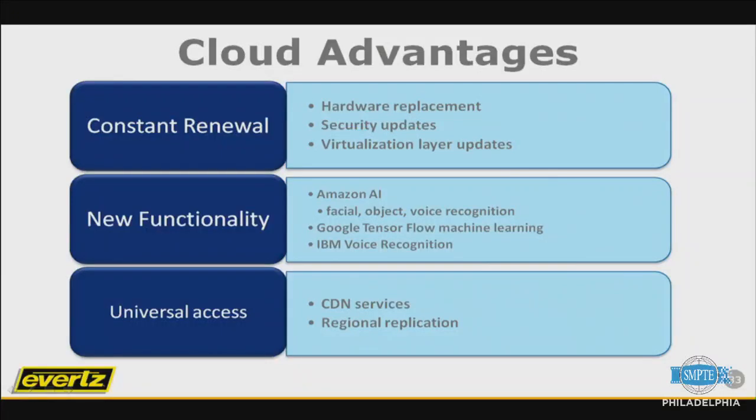Anyway, the other thing I mentioned before was CDN services, so that your content can be replicated to all kinds of edge caches. So if you're delivering video on demand services, you can cache right to the edge directly from your cloud instances. And regional replication.